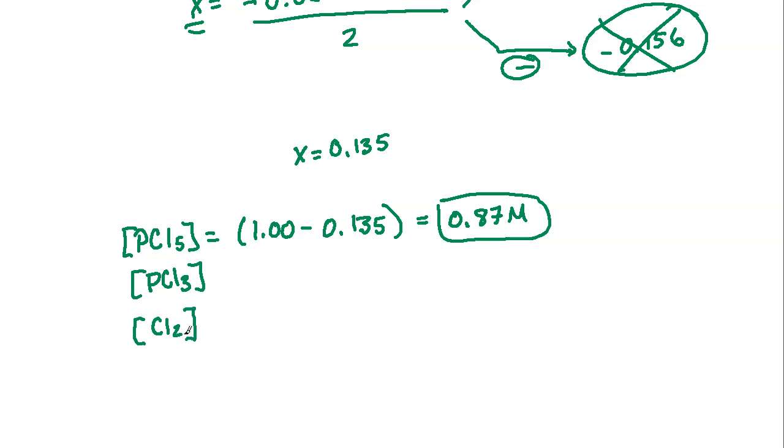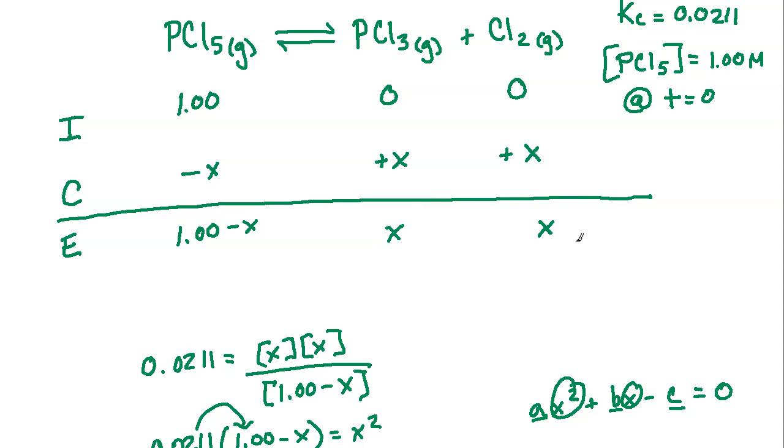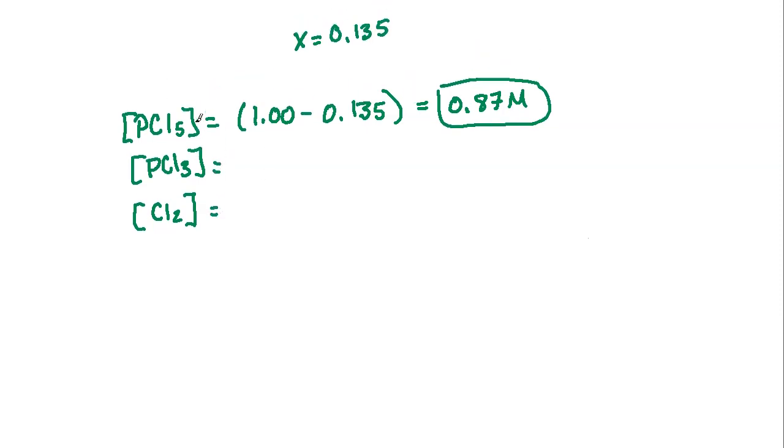Now, if you scroll way back up to our ICE table, at equilibrium we said they would each be equal to x. So I come down here and I say that each of these is simply equal to our x value, which is 0.135, 0.135. Now again, I'm just doing this as a reminder. Let's say that one of these was actually a change of 2x instead of just x at equilibrium.